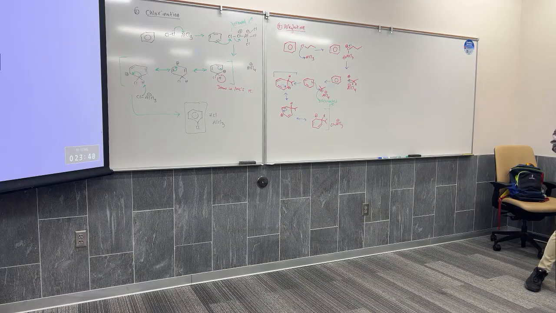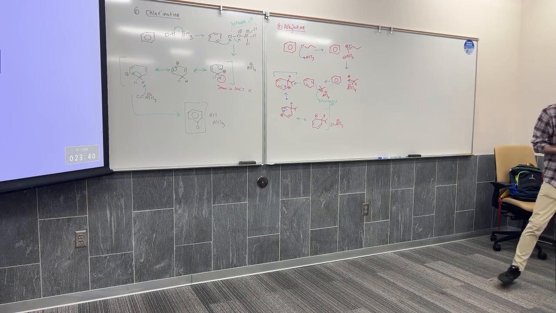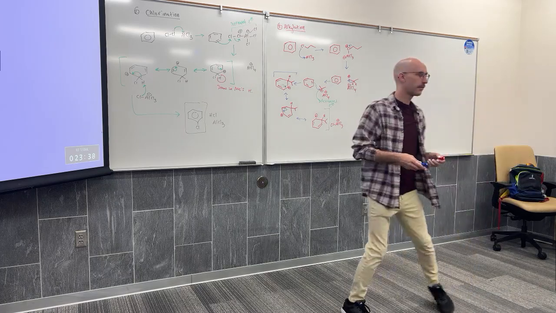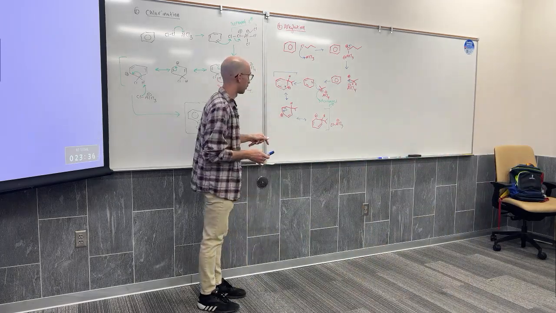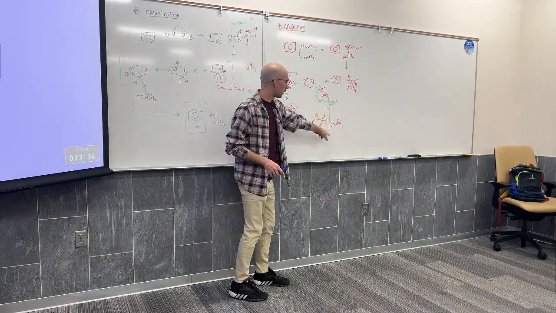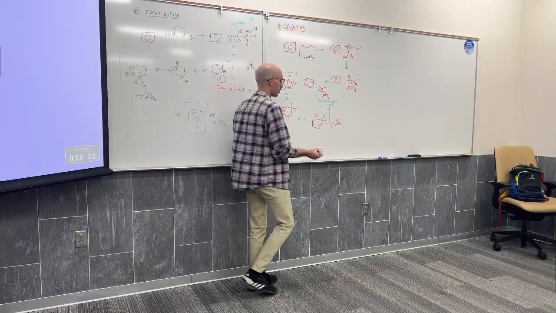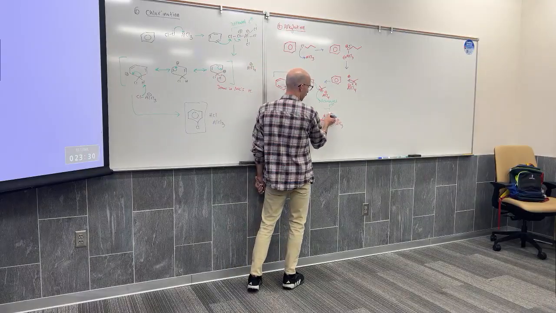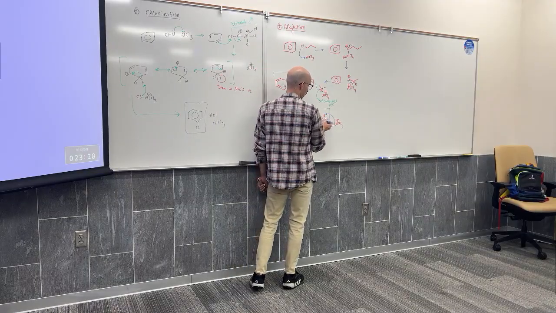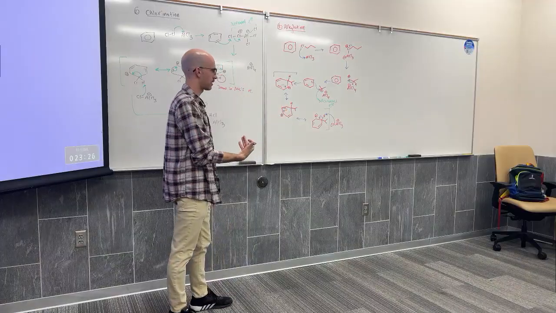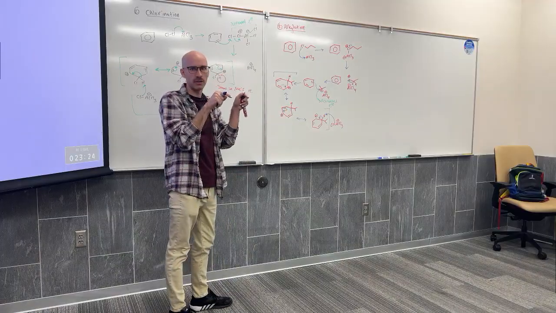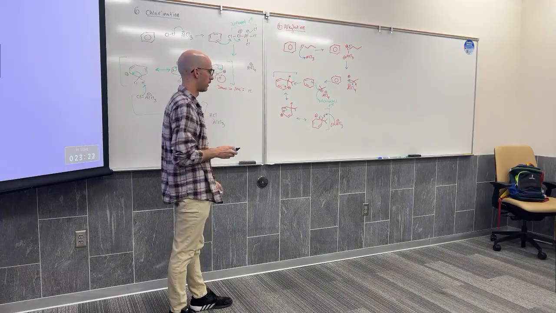Now, I really don't want you guys to think that I get super nitpicky with details in your mechanisms, but I do want to make sure that we clarify what are important and what are not important details. Something that's not so important here is this box. So I can actually show my next step going through that box, because that box is really just my reminder that this is a resonance form.